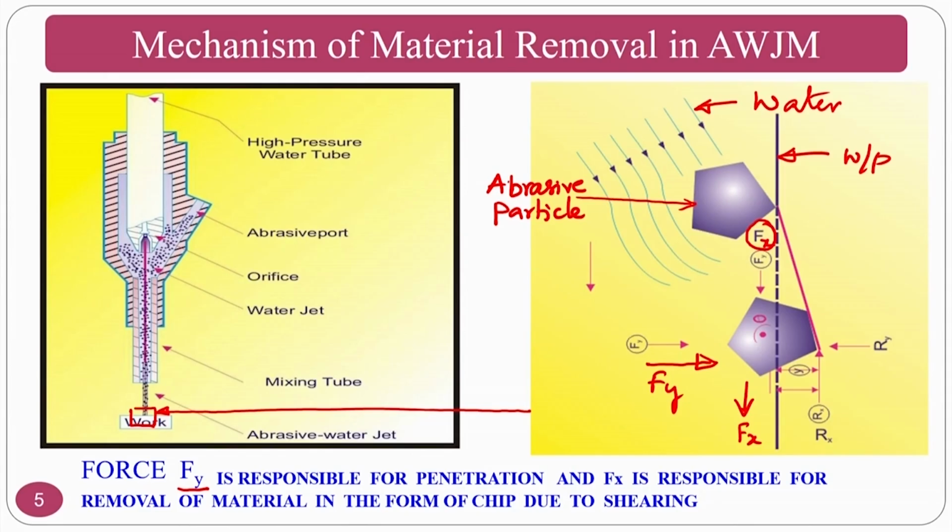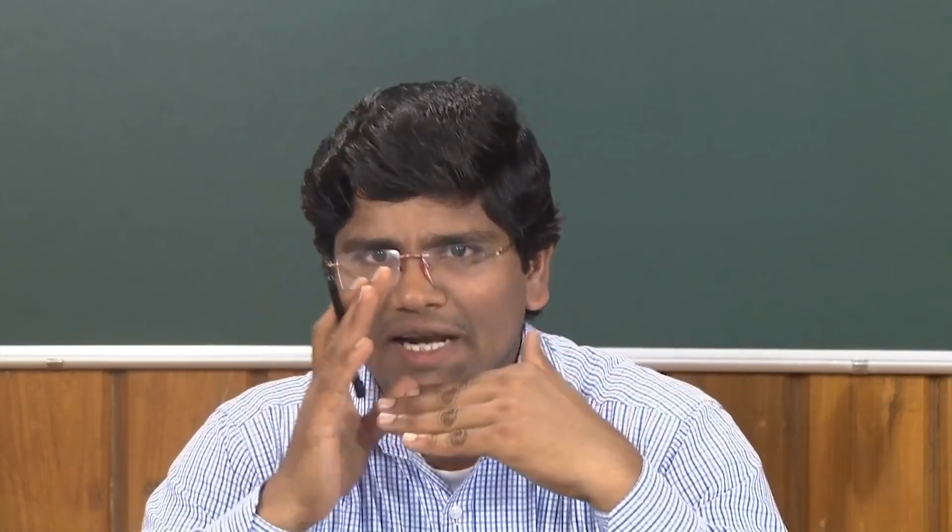That means that Fy is a radial force and Fx is an axial force. Okay. That means that along the direction of the water impingement, that is called the axial direction. That is why Fx is called an axial force, and the radial direction is perpendicular to the axial direction, that is nothing but the indenting direction. So, that is called the radial direction.